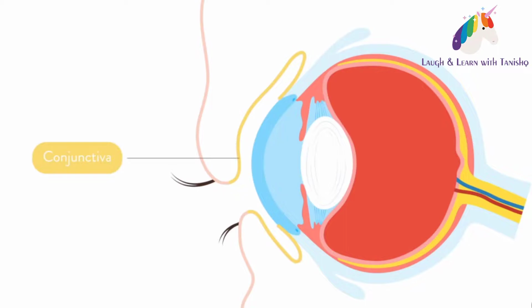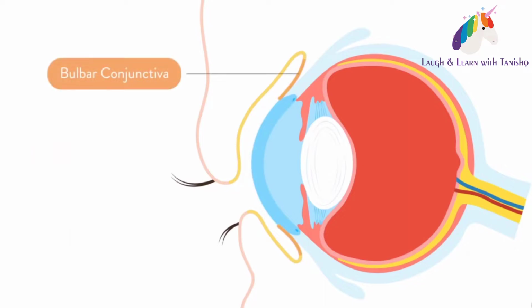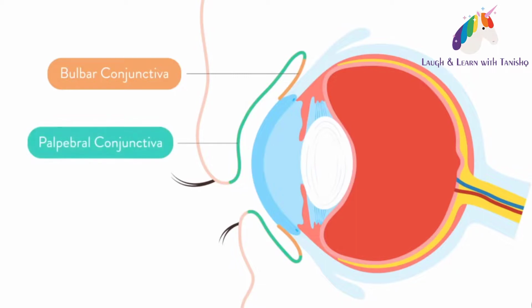It is composed of non-keratinized stratified squamous epithelium. It is highly vascularized with many microvessels. The conjunctiva lubricates the front surface of the eye. It also protects the eye from debris, dust and infection-causing microorganisms.